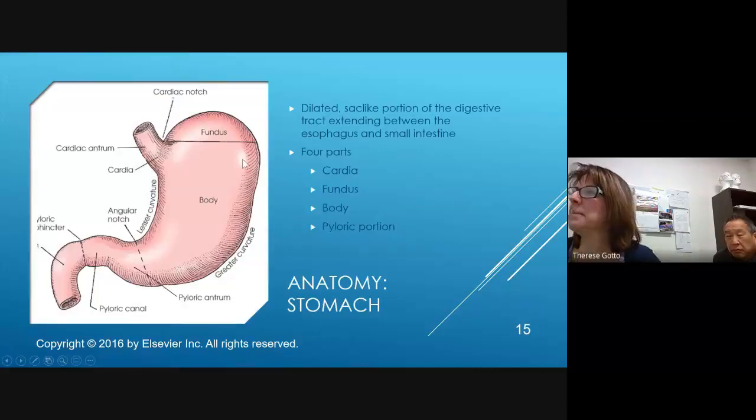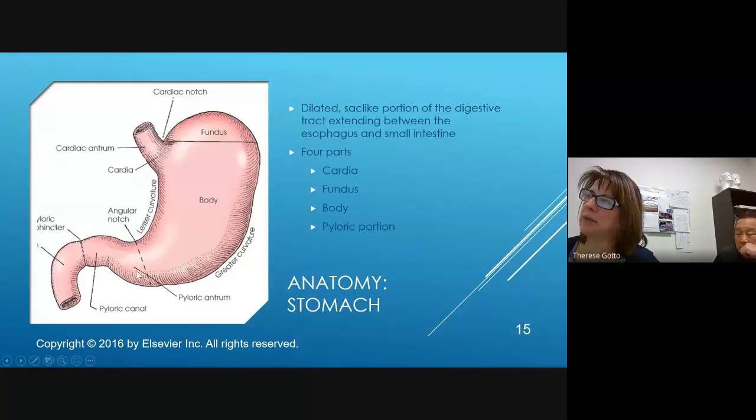Here's the stomach. We had to label all of these parts. You've got your cardiac antrum, and remember, the A in antrum means area. This is an area where the cardiac is lying behind here. This section where they join is called the cardia, and this angular area is the cardiac notch. Here's the fundus.